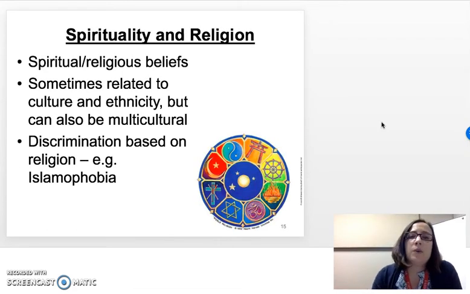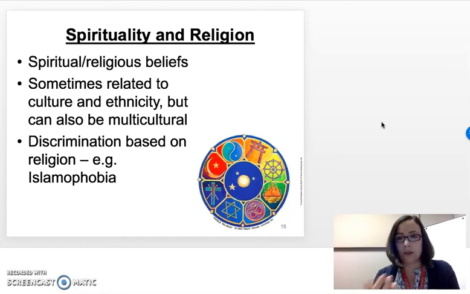All right, so we're also going to talk about spirituality and religion. Now, of course, this is just referring to what religion do you belong to? What are your religious beliefs, etc.? And we know that, unfortunately, this is one of the huge areas that people experience discrimination based on.